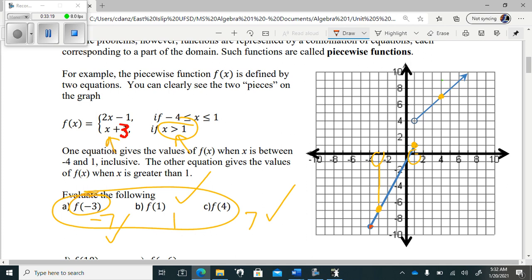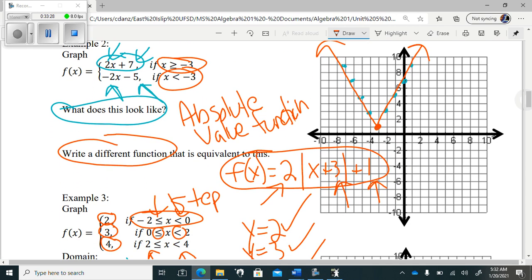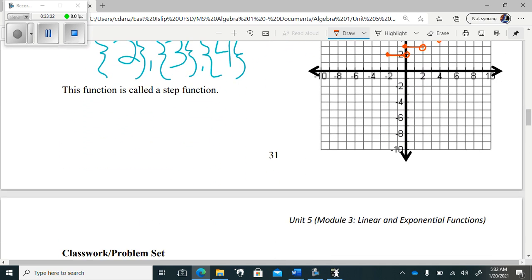Maybe that's how you're going to want to do it yourself. It's called a piecewise function because we are graphing pieces, and we still will be talking about domain and range, and you have to be careful.